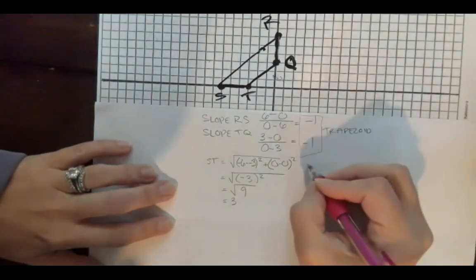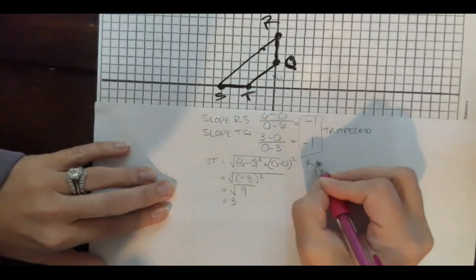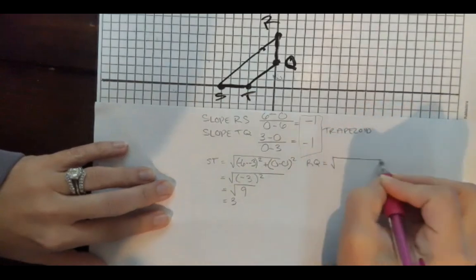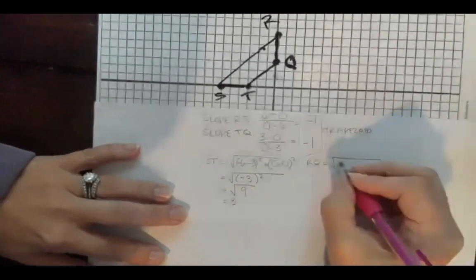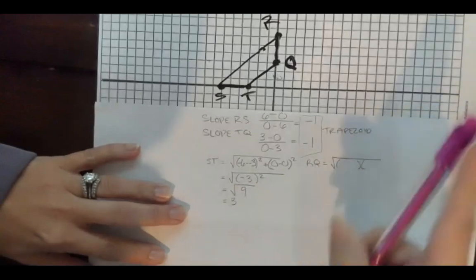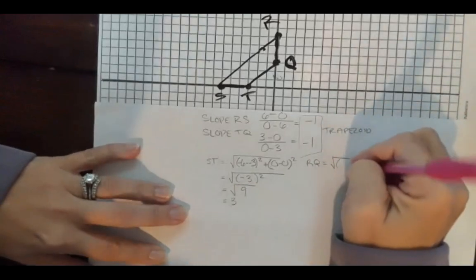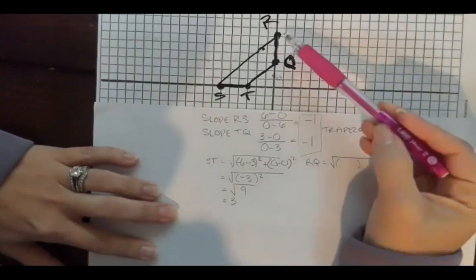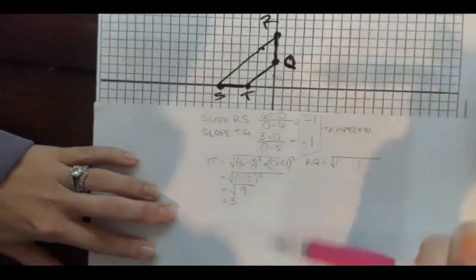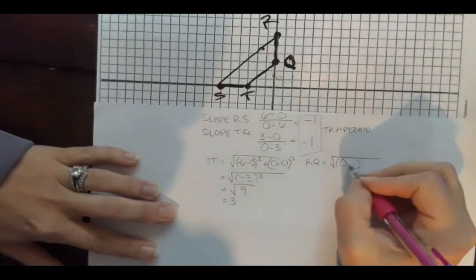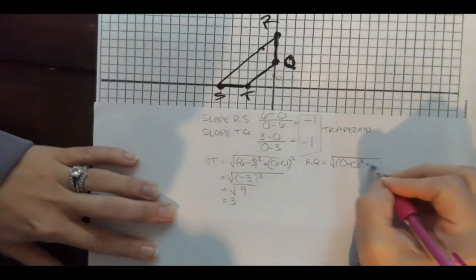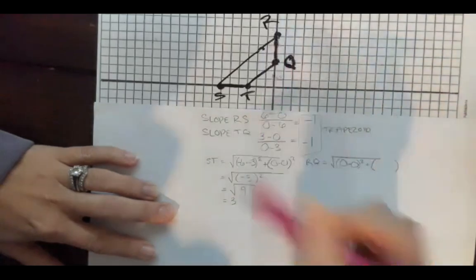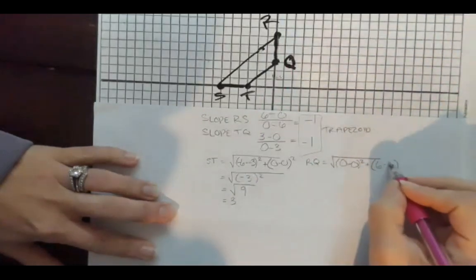So now let's do the distance of RQ. Same thing. All right, so X2 minus X1. So my X2 is 0, and my X1 is 0. And how about my Y2 minus Y1? We have 6 minus 3.